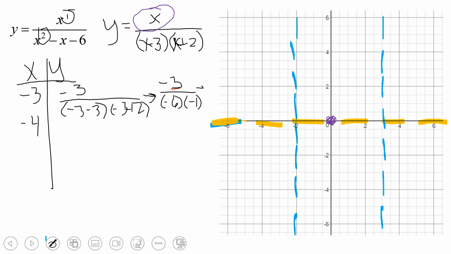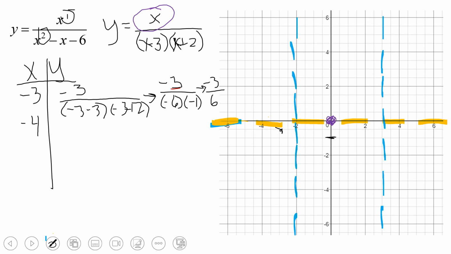And that gives me -3 over +6. That's the same as -1/2 or -0.5. So I'm going to go over to -3 and down to -0.5. Whoops, that's the ordered pair.